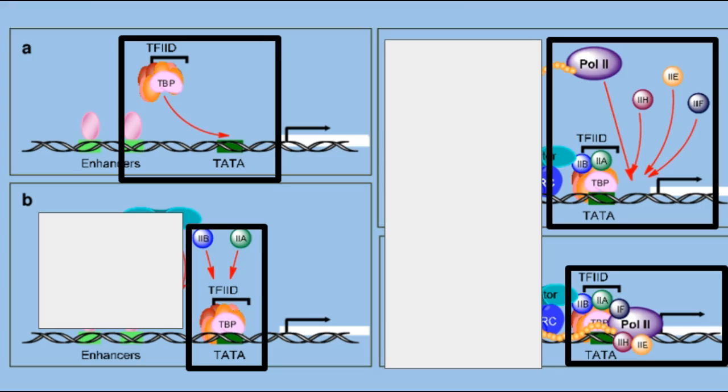A shows transcription factor 2D paired with the TATA box binding protein, and that lands on the TATA promoter sequence. B shows that once that's bound, the other transcription factors start flowing in, which also leads to RNA polymerase coming in and all the other transcription factors, which allow RNA polymerase to eventually let loose and flow down the gene and start transcribing the DNA.